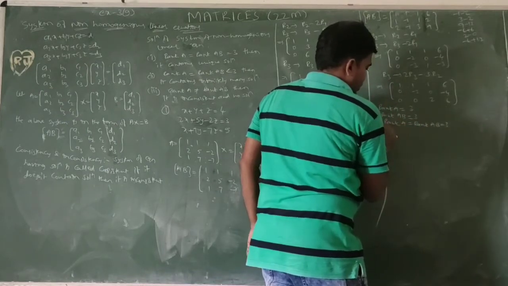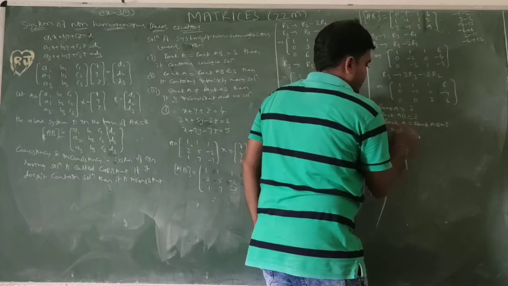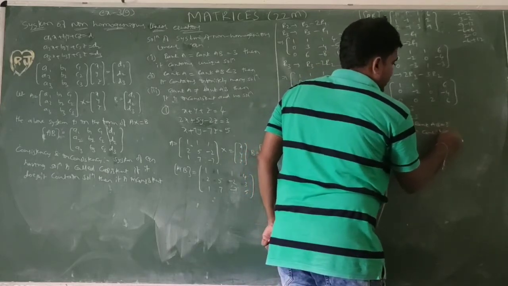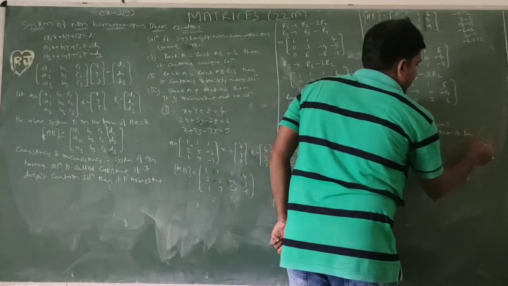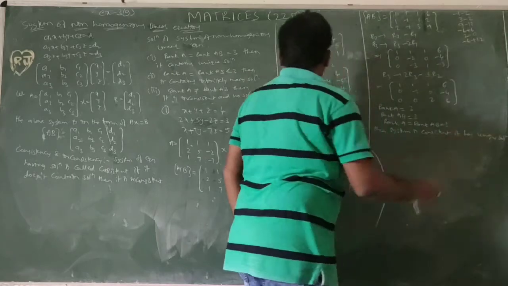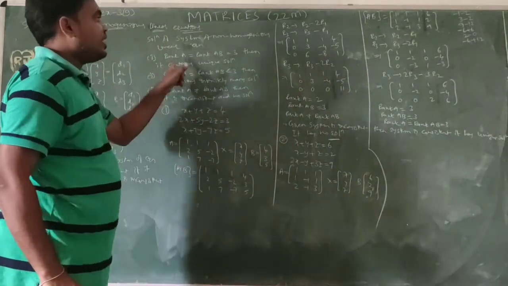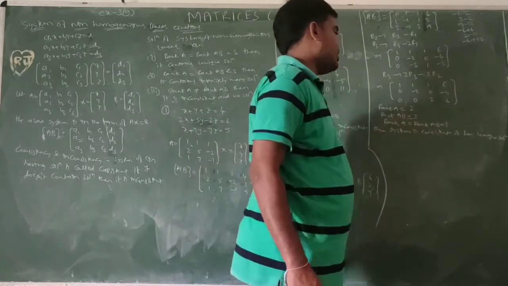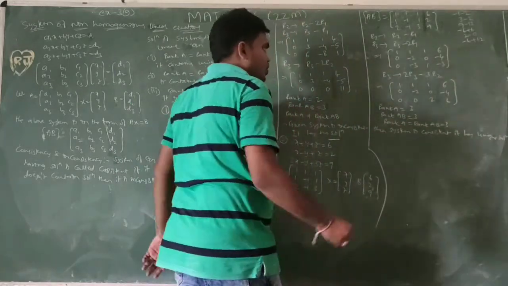Then the system is consistent and it has a unique solution. So it belongs to case 1: rank A equals 3, then it contains a unique solution. Okay, now I want to find the solution.